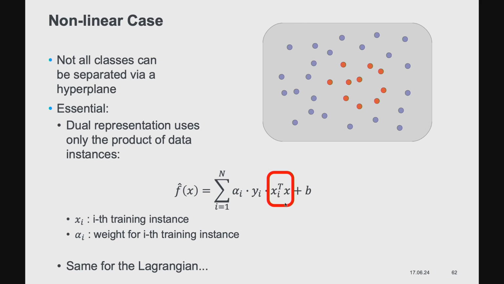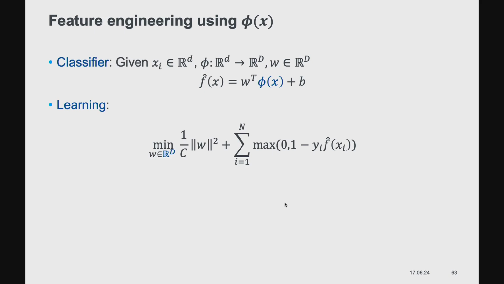So rather than working with the x itself, we just work with this similarity. We can, for example, take a feature function. Instead of x, we provide a feature function phi of x, just as we did with linear regression. And, well, then it's the same thing as before.